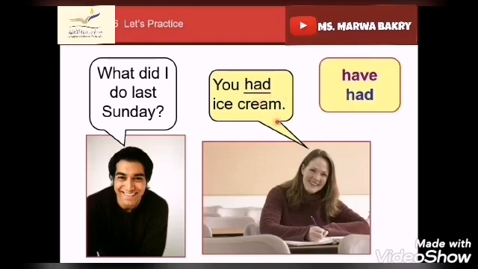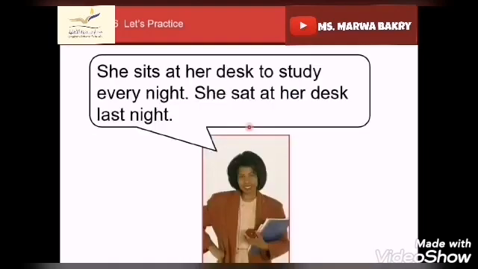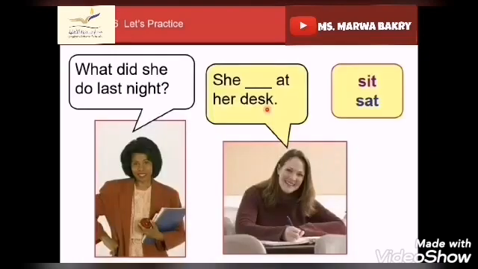You had ice cream. She sits at her desk to study every night. She sat at her desk last night. Here we use the verb sit in the present and here we use the verb sat in the past. Also the verb sit is an irregular verb.